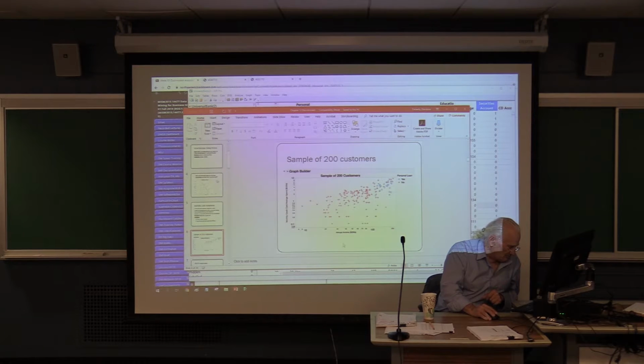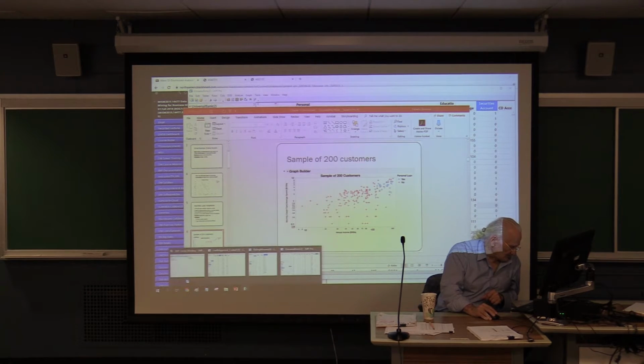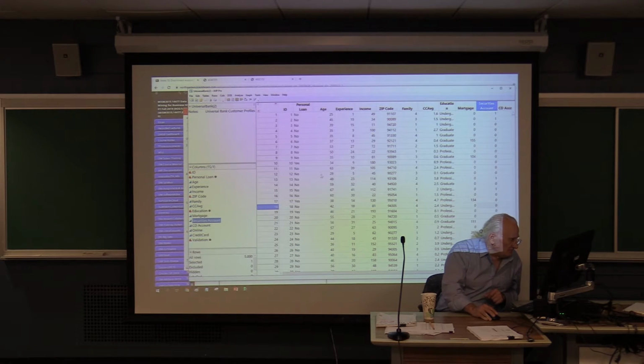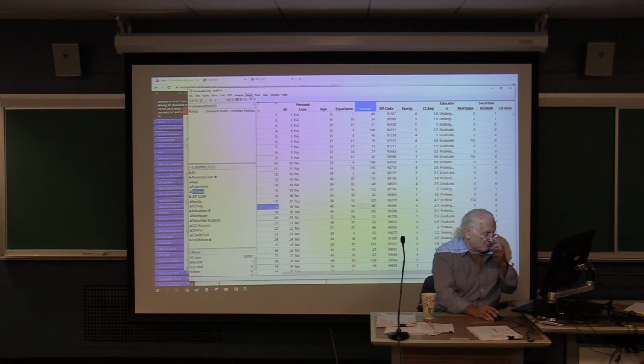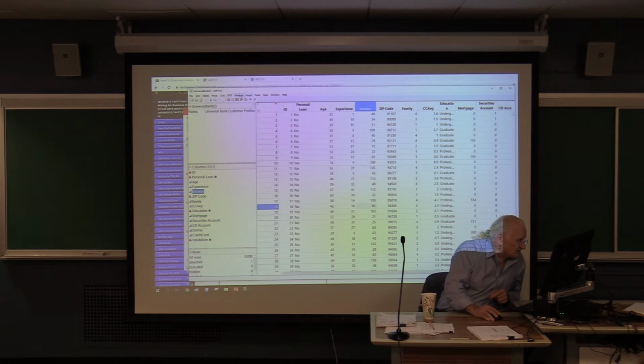So if I go monthly income and, no, annual income and monthly credit card, always be aware of the units. So income is the income and the CCA is right here. So if I want to take a sample, where was that? In a table, I forget where we get the sample.